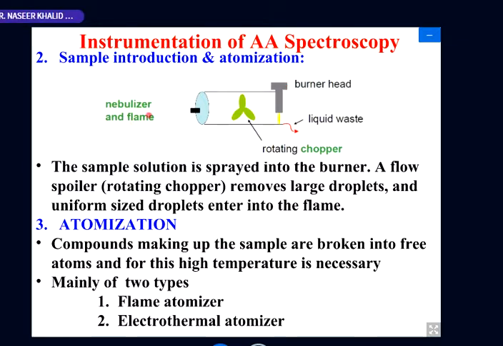Now, the sample solution you spray to the burner, the flow spoiler or the rotating chopper removes the larger droplets, and the uniform size droplets enter into the flame, where the burning process takes place.